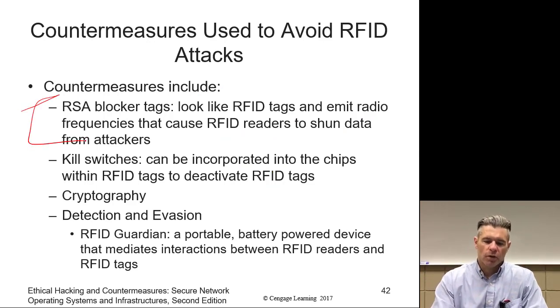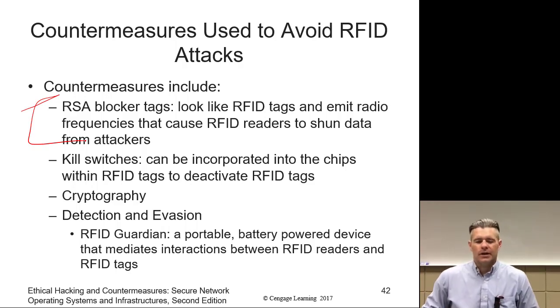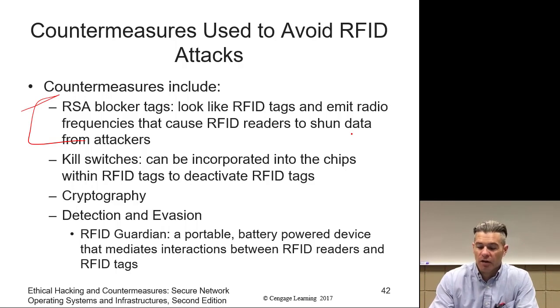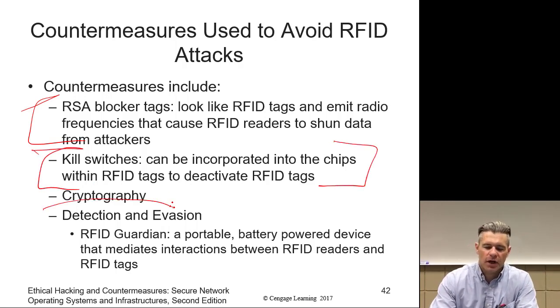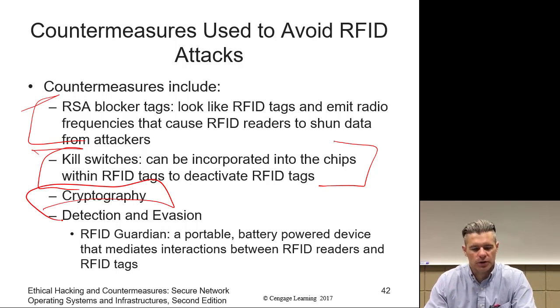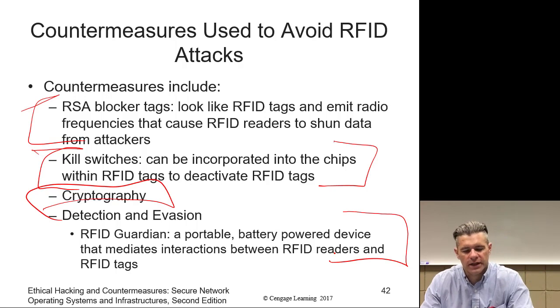So there are plenty of blockers that will emit radio frequencies. Although RF wars are never a great idea, having an off button is a good idea. Using some kind of cryptography to keep the data secure. And then there are things like RFID guardians that will mediate interactions between the readers and the tags.